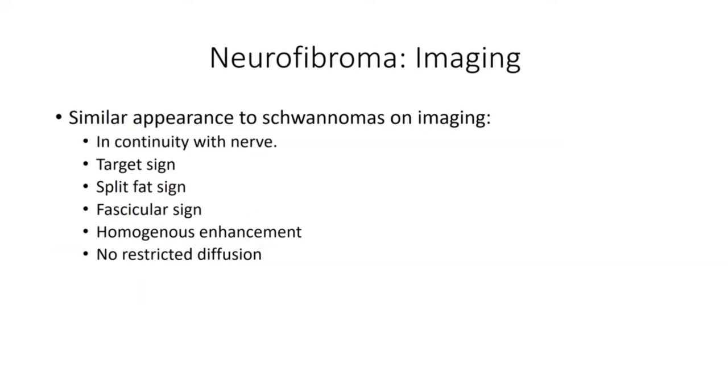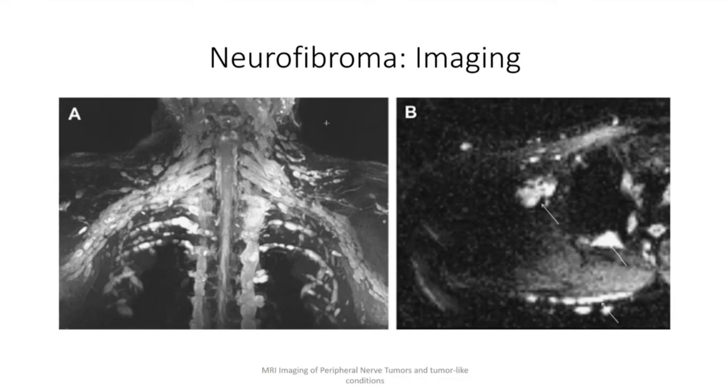As we talked about before, these neurofibromas also are similar in appearance to Schwannomas on imaging and have similar signs. But what I wanted to point out are some of the differences here. This is an MRI looking at the nerves coming out of the brachial plexus, including some of the intercostal nerves down the chest, and you can see the sympathetic chain as well.